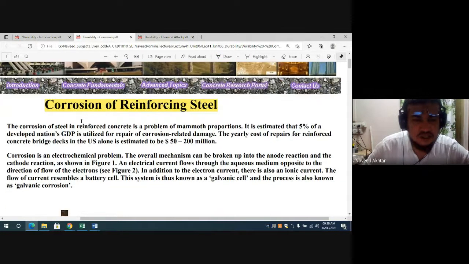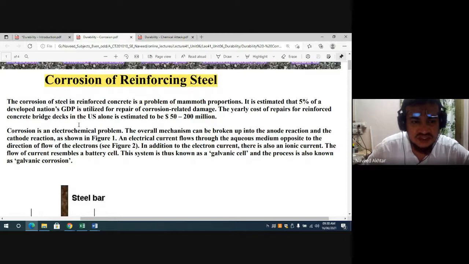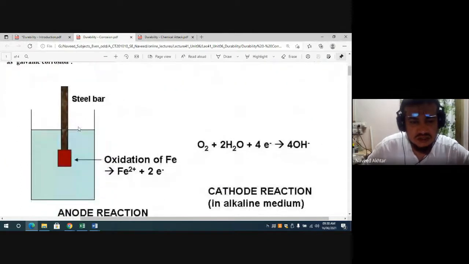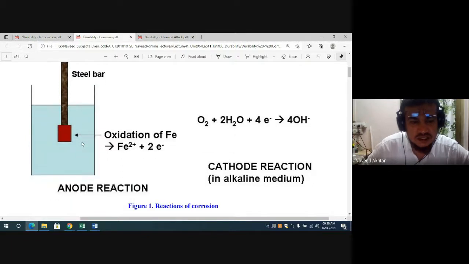The major issue with RCC, that is reinforced cement concrete, is the corrosion of the reinforcing bar. This oxidation of the steel bar embedded in the concrete mass is the anode reaction, with the cathode reaction in an alkaline medium. In this alkaline solution, there is oxidation of Fe to Fe2+ plus 2e-.